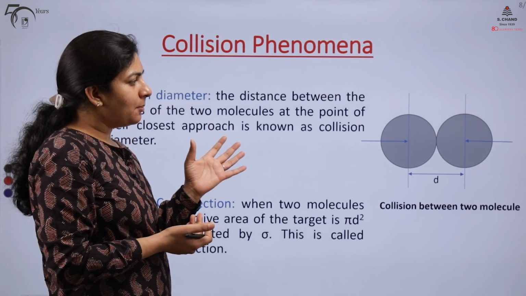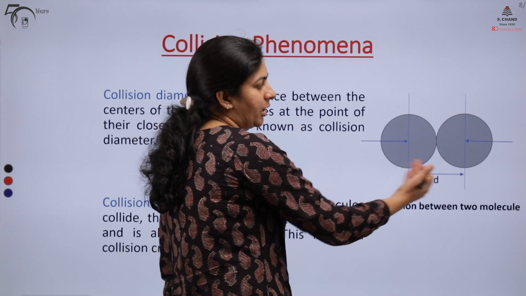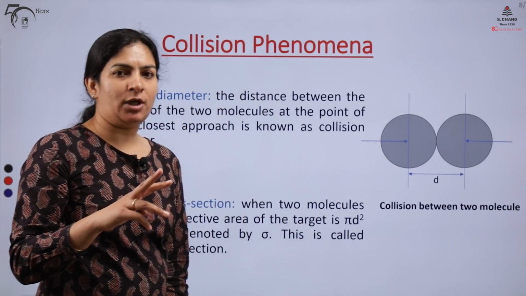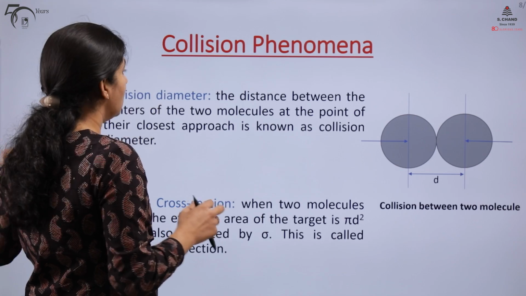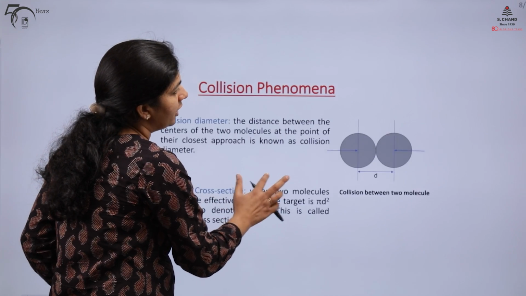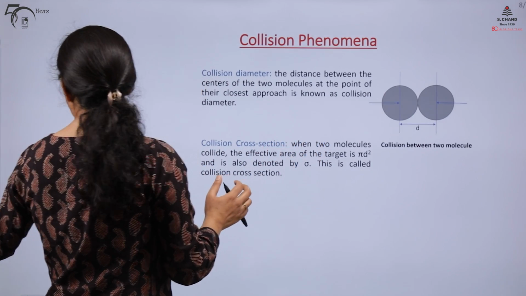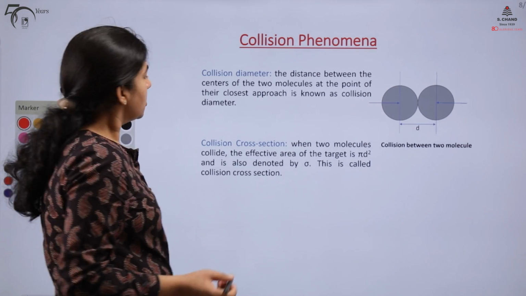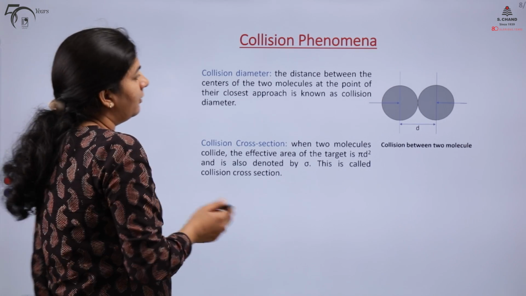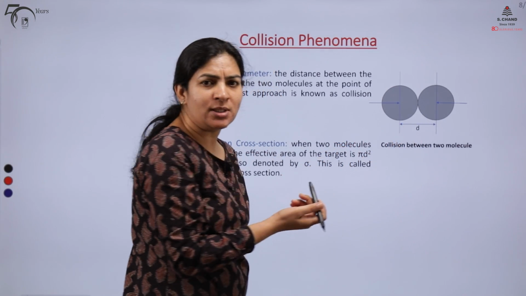For the sake of simplicity, we would be considering the collisions between two molecules, that is, the bimolecular collisions between the gaseous molecules. So let us say we have two gaseous molecules.